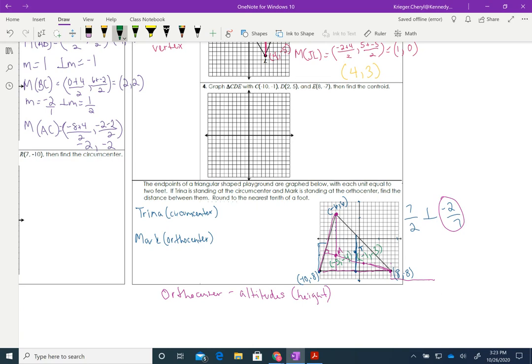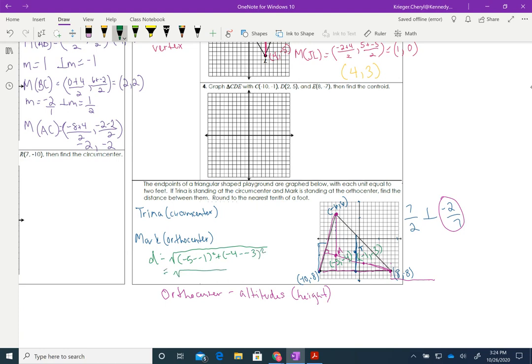Distance formula. We're trying to find the distance between them. So here we have the square root of the difference of our x values. So that will be negative 5 minus negative 1 squared, plus the difference of our y values, negative 4 minus negative 3 squared.